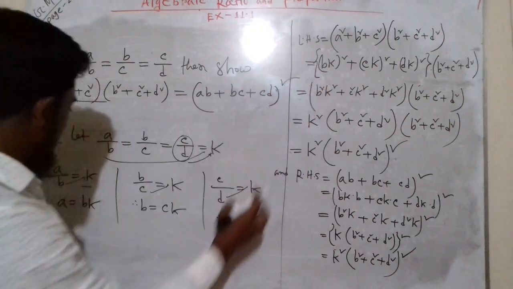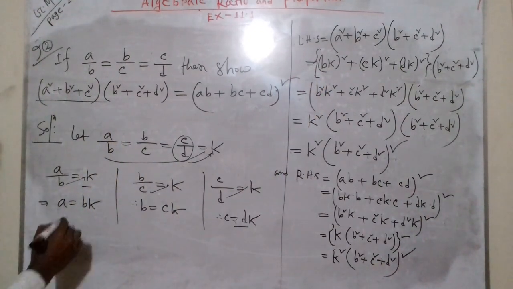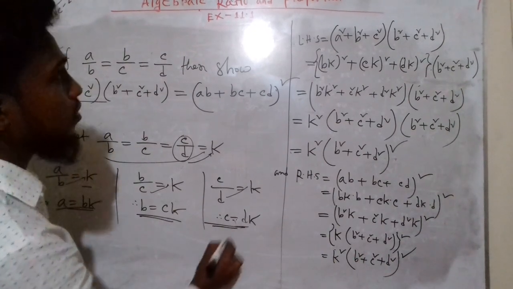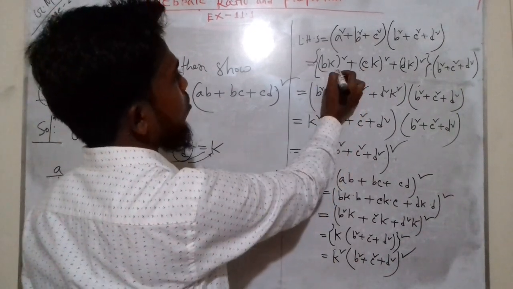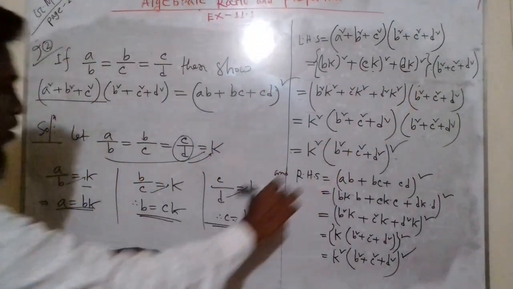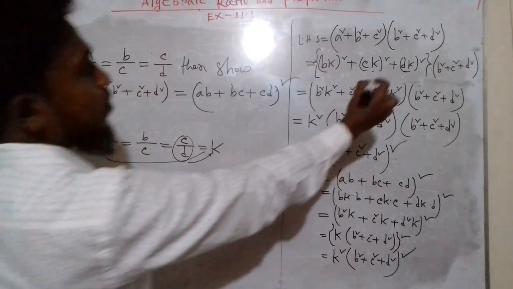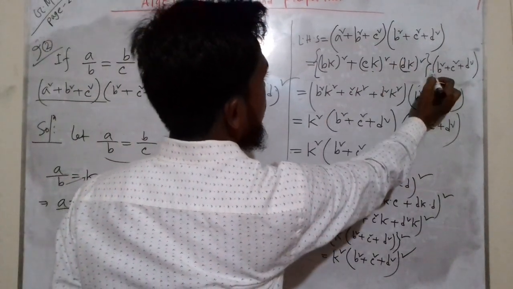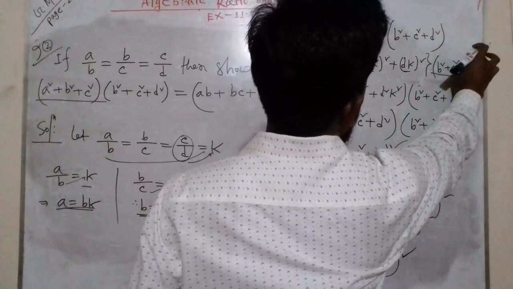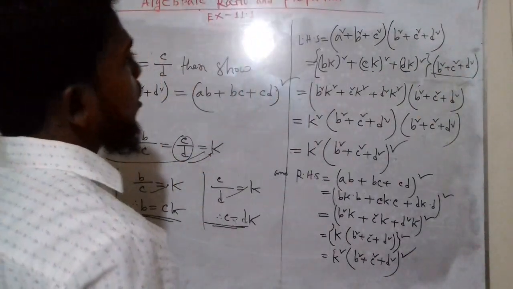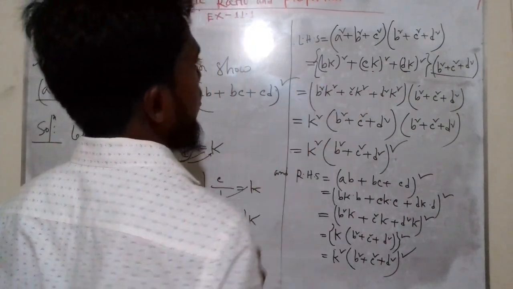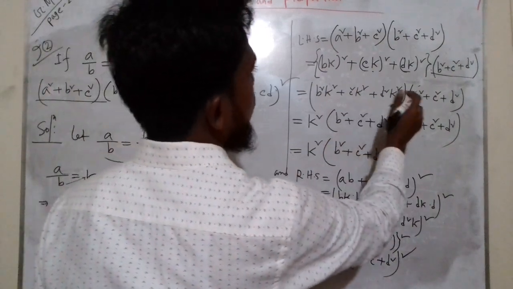Putting the value of a = bk, b = ck and c = dk, we get ((bk)^2 + (ck)^2 + (dk)^2) and (b^2 + c^2 + d^2) are the same algebraic term.